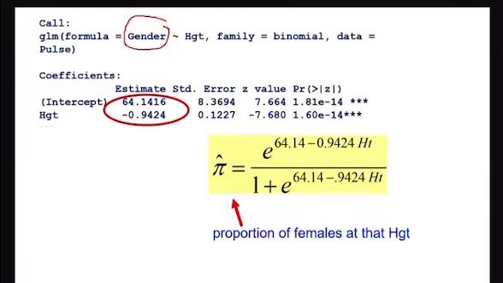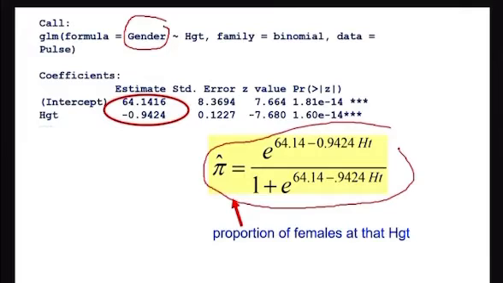Now you know what I'm going to use this model for? I can use this model if I know the height. Let's say I did not see an individual, maybe I close my eyes and somebody gives me the height. If I put the height into the model, I can determine the probability of that individual being a female or being a male. That's what we need this for. That's what we do in hospital.